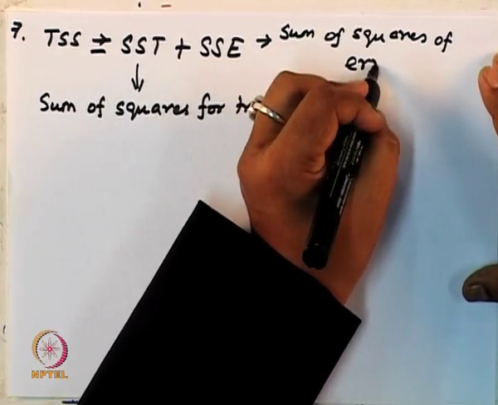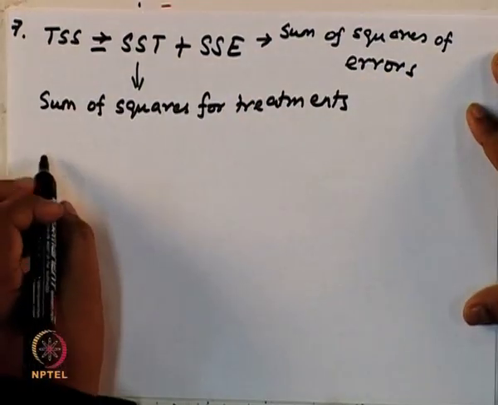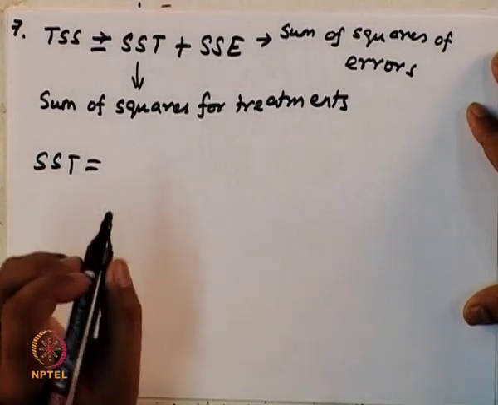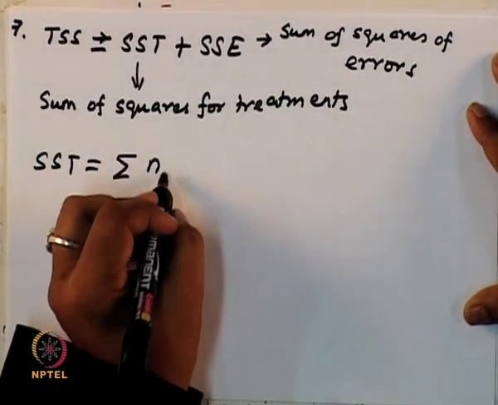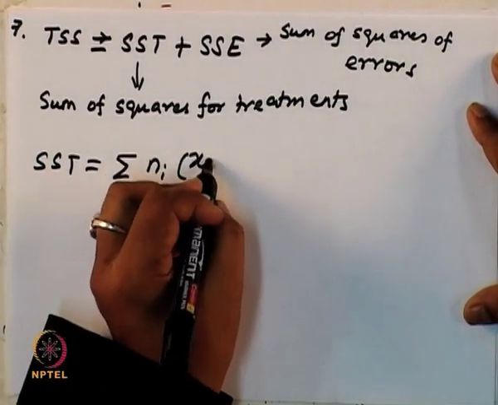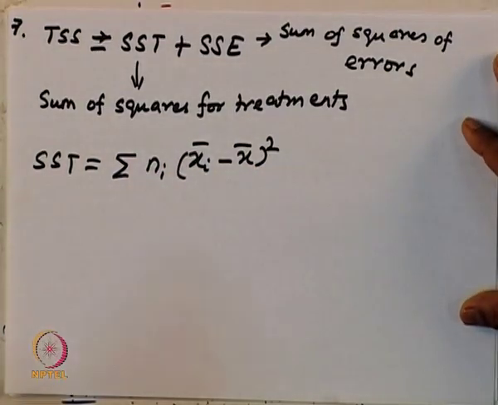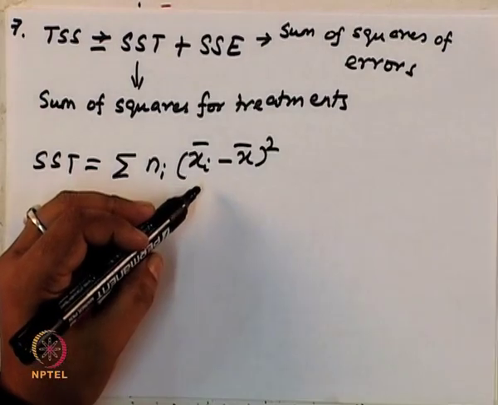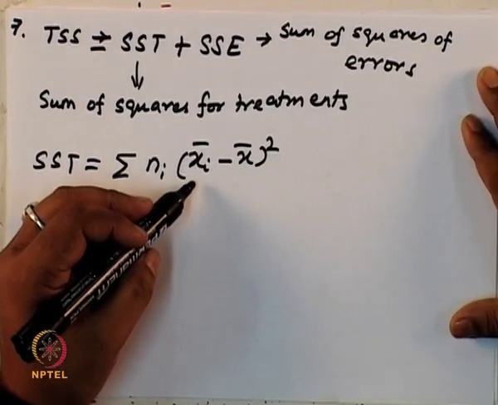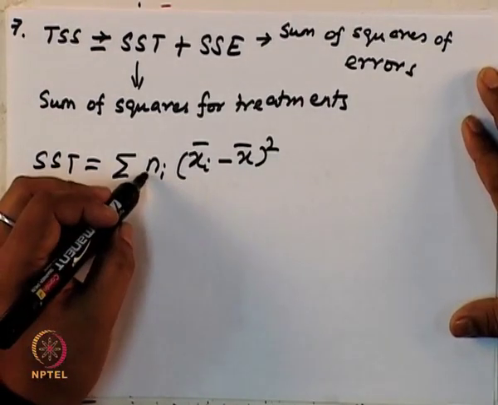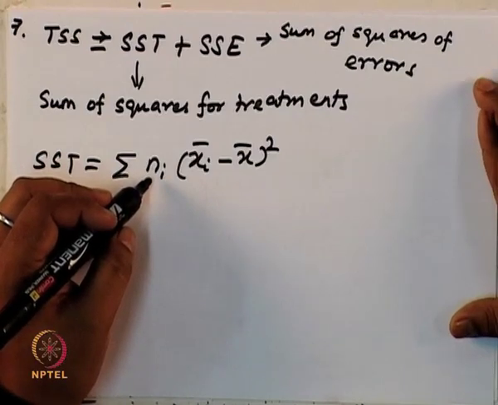You define SST as the summation of ni times (xi bar minus x bar) whole square, where xi bar is the sample average for the ith sample and ni is the sample size of the ith sample.